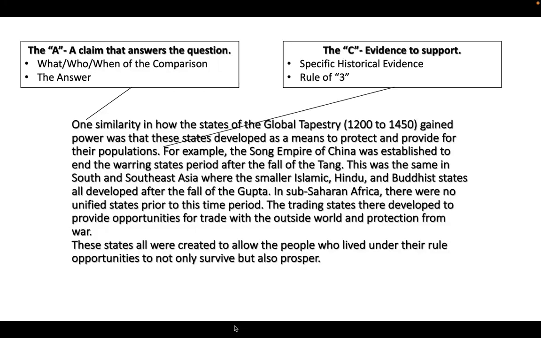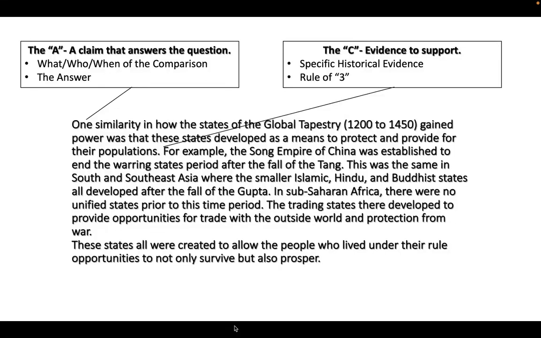Now, the C has to have specific historical evidence. Also, for a similarity, I would like you to follow what's known as the rule of three. So we read through it. For example, the Song Empire of China, specific evidence, was established to end the Warring States period after the fall of the Tang. This was the same in South and Southeast Asia, where smaller Islamic, Hindu, and Buddhist states all developed after the fall of the Gupta.